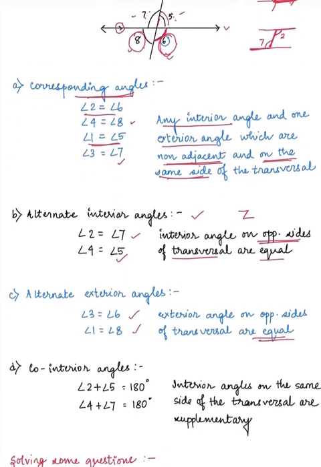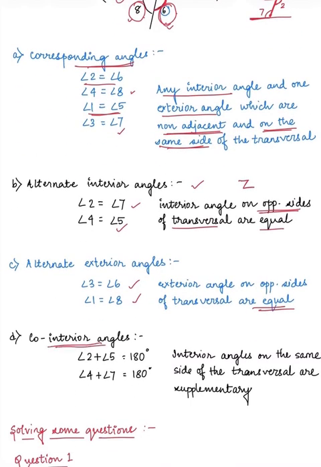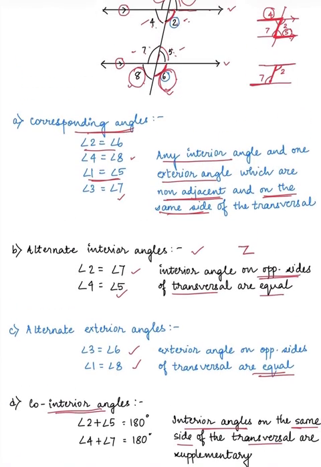Next, we have co-interior angles. The co-interior angles are those which are on the same side of the transversal and they are interior angles. So same side of the transversal means 2, 5 or 4, 7, and it has to be an interior angle.